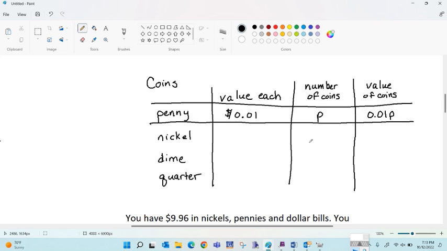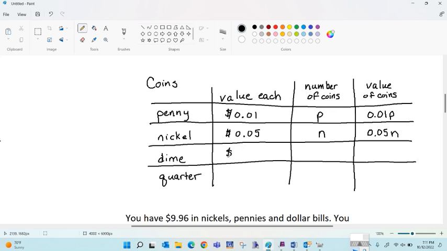I'm going over this with you so that when we look at the word problems, it won't be a surprise. We talked about this just a little bit the other day. The value of a nickel is 5 cents, $0.05. So if I have this many nickels, altogether the value is going to be 0.05 times the number of nickels.